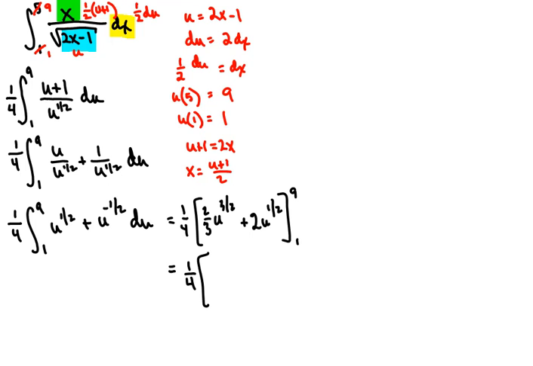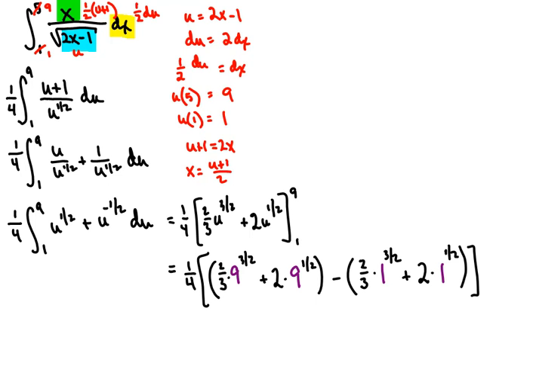And if I write that all out, when I substitute in, remember I'm going to evaluate the antiderivative at the upper limit minus the antiderivative evaluated at the lower limit. And when I plug that all in, I get 1/4 times this big quantity, 2/3 9 to the 3/2 plus 2 times 9 to the 1/2 minus 2/3 1 to the 3/2 plus 2 1 to the 1/2.